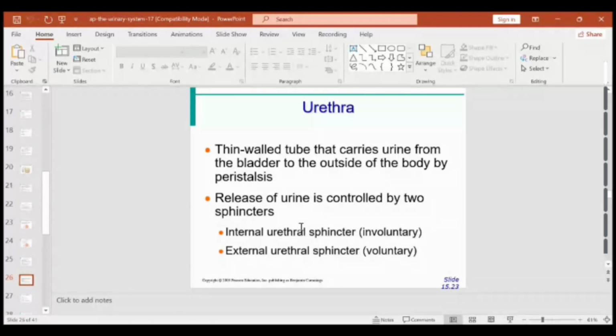The internal is made up of smooth muscles, meaning it is involuntary; you can't have conscious control of it. The external one, being made up of skeletal muscles, is under conscious control. Right now, if you feel a little bit pressed, you can still hold it for some time, courtesy of the external urethral sphincter.